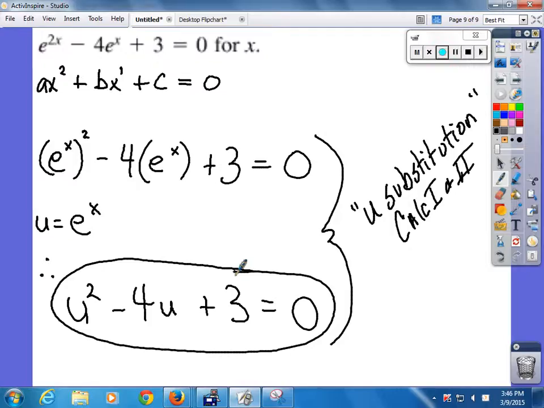Alright, so what can you do? Reverse FOIL maybe? Think on 1 and 3. Think on negative and negative.